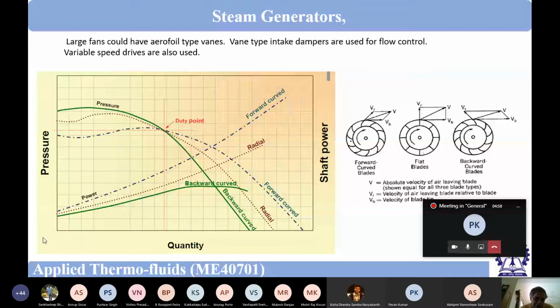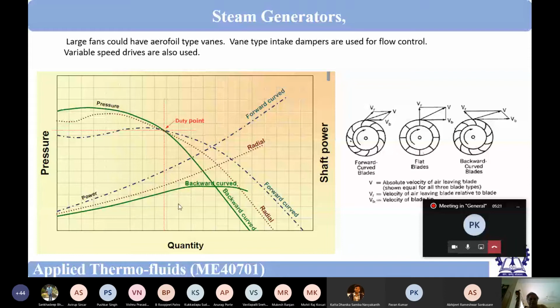That's why even at 0 flow rate there will be a certain amount of power. The power will increase as we increase the flow rate. In case of forward curved and radial curved, it will go on increasing, but in case of backward curved vane, it will increase and then decrease.